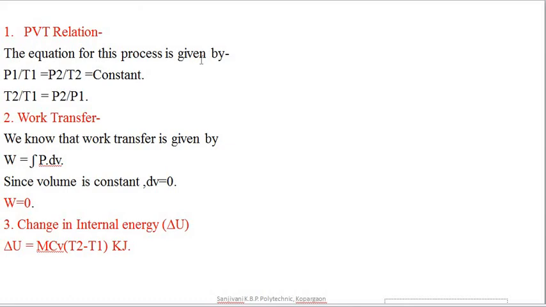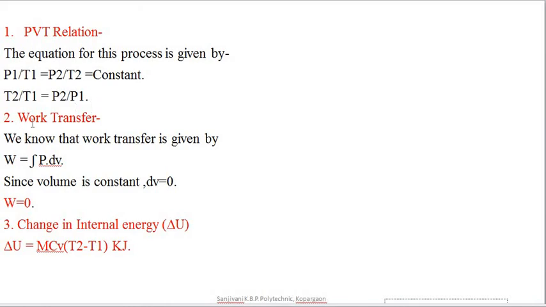Applying this to the initial state point and the final state point, we can write P1 upon T1 equal to P2 upon T2, that is remaining constant. Now we can write this equation in a simplified form: T2 upon T1 is equal to P2 upon P1.